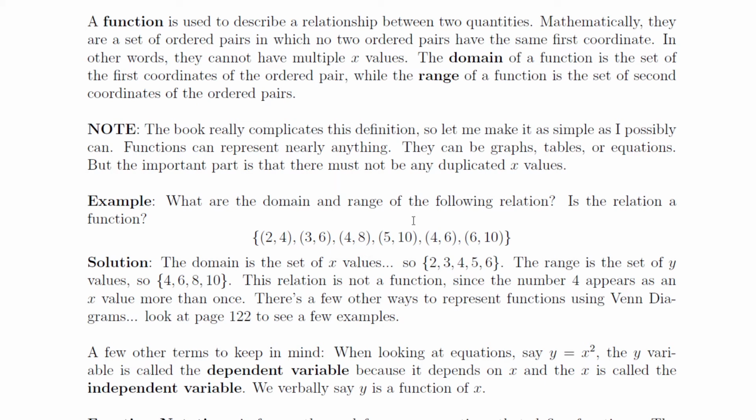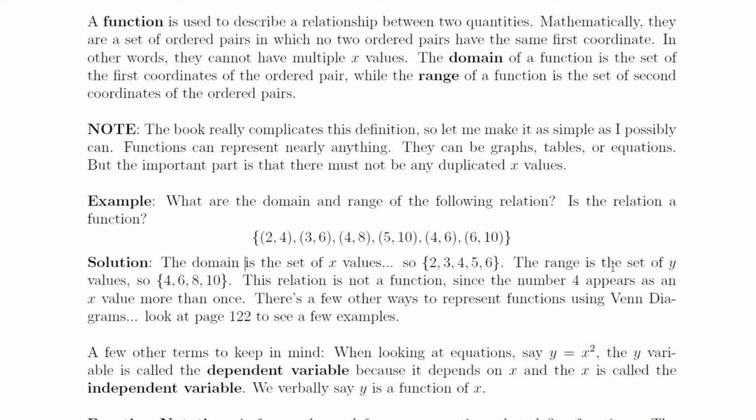When we're looking for the domain, it's just going to be the x values. So 2, 3, 4, 5. We already counted 4, so we don't need to put it twice. And then 6. So it's just the x values which are the domain.